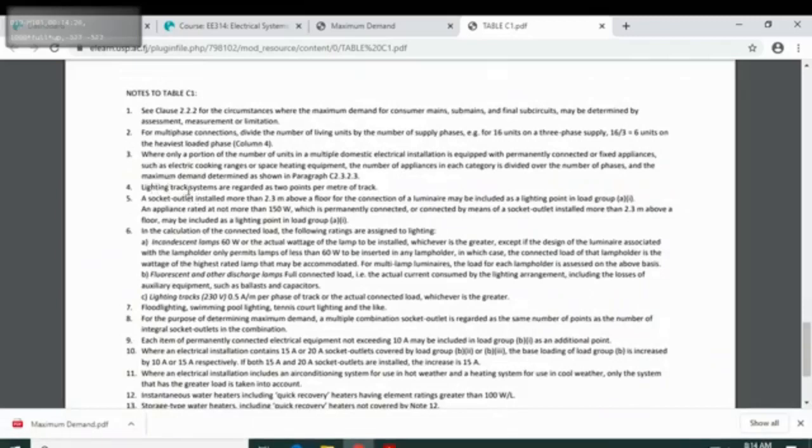We already know that lighting track are regarded as 2 points per meter track. That is clear for the lighting track. And it must be written somewhere here that for lighting, the number of lighting there is, those many points will be.